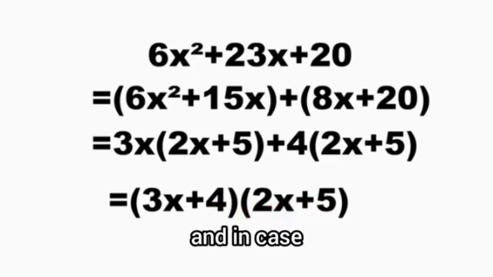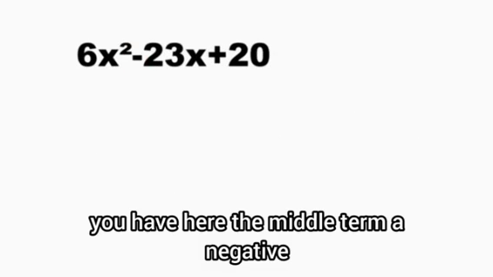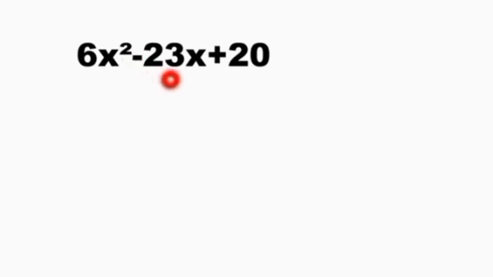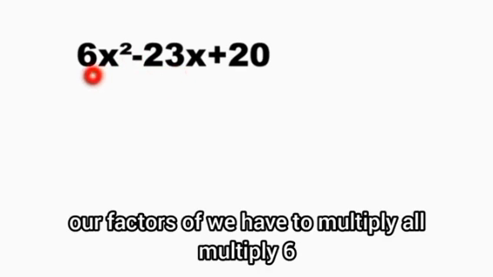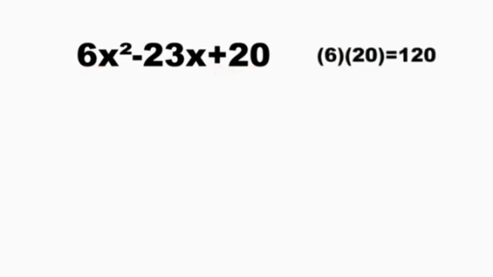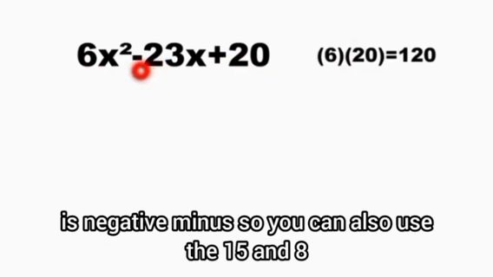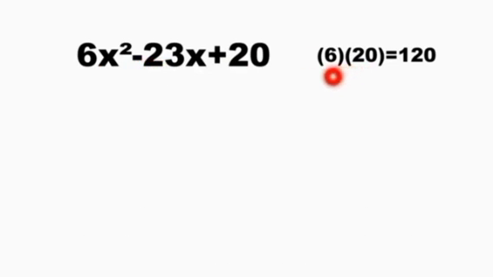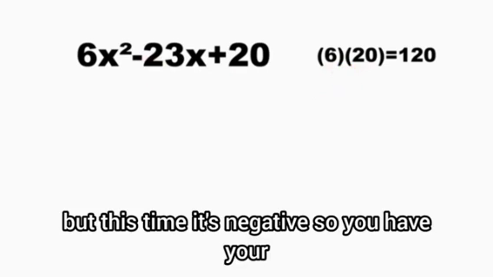And in case the middle term is negative, we have to multiply 6 and 20, the same, we have 120, but our middle term 23 is negative. So you can also use the 15 and 8, but this time it's negative.